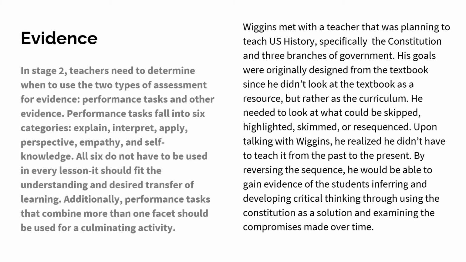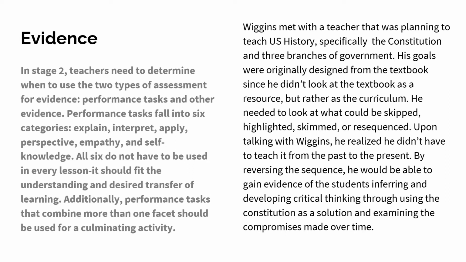Another example from the video, Wiggins met with a teacher that was planning to teach U.S. history, specifically the Constitution and 3 branches of government. His goals were originally designed from the textbook, since he didn't look at the textbook as a resource, but rather as the curriculum. He needed to look at what could be skipped, highlighted, skimmed, or resequenced.